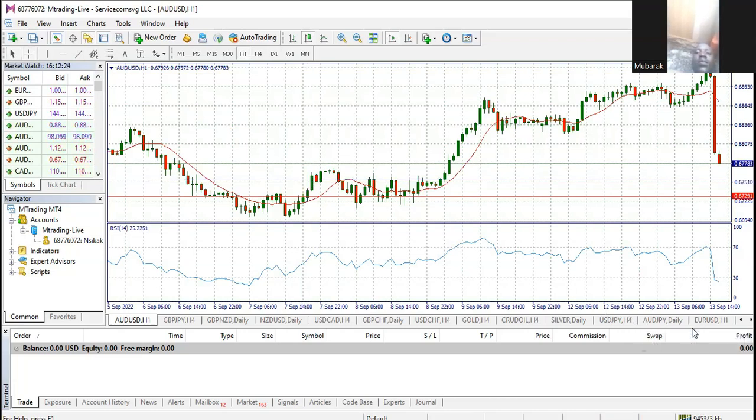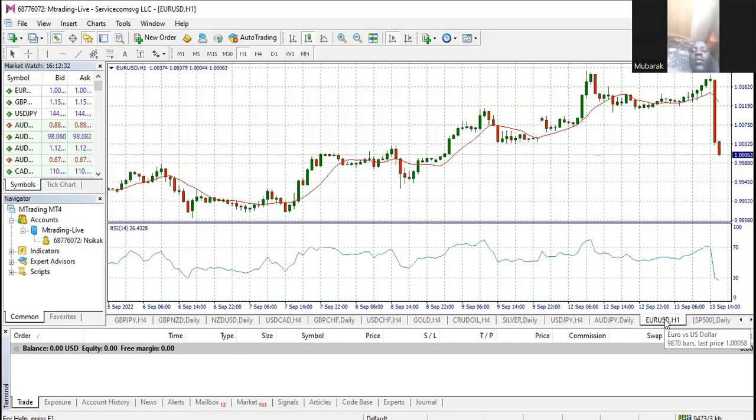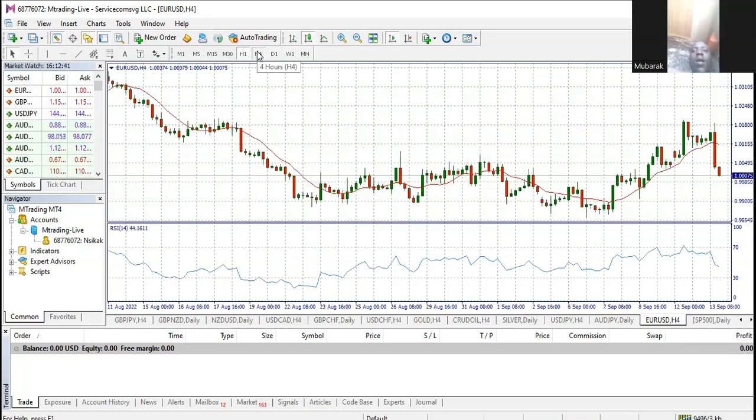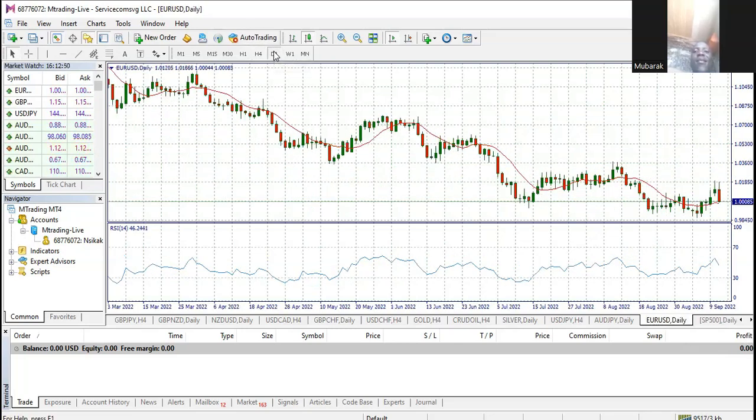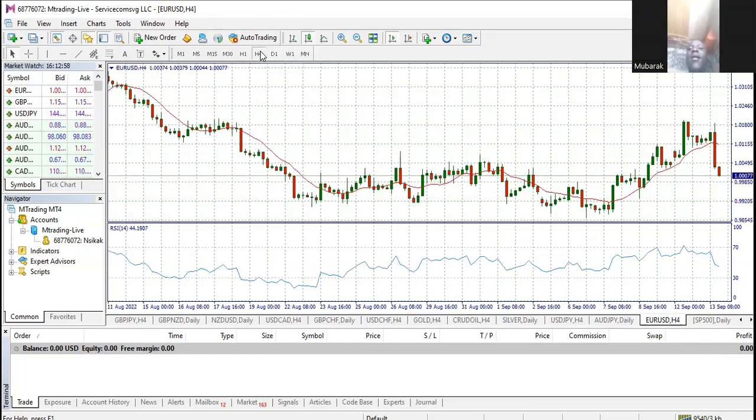Let me see how Euro USD responded to the news. Wow. Wow. This is huge. This is huge. Okay, Euro USD also, I'm not expecting it to go far from where it already is. The region where it is, is a strong support region. I don't expect it to go far from here.